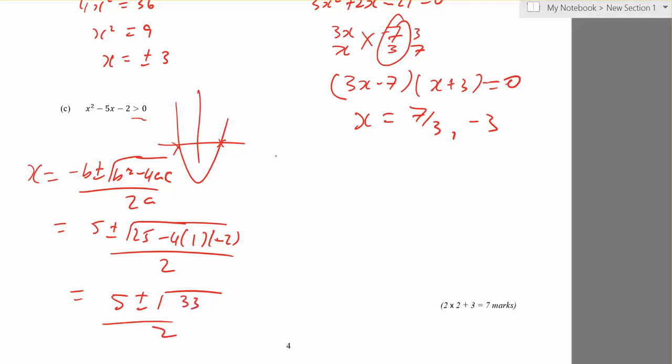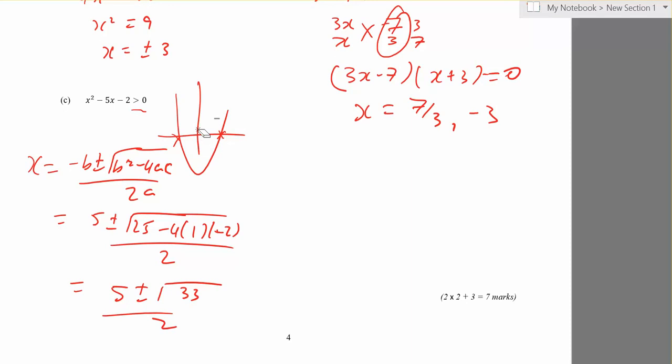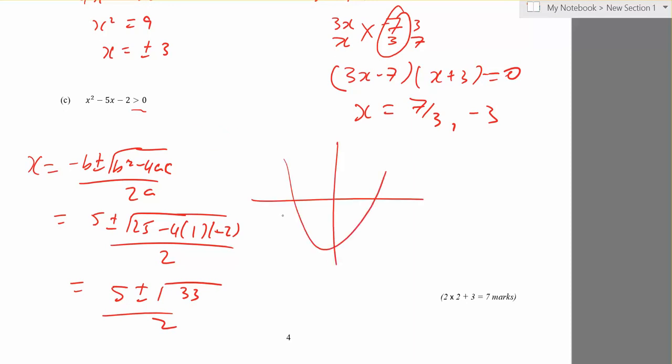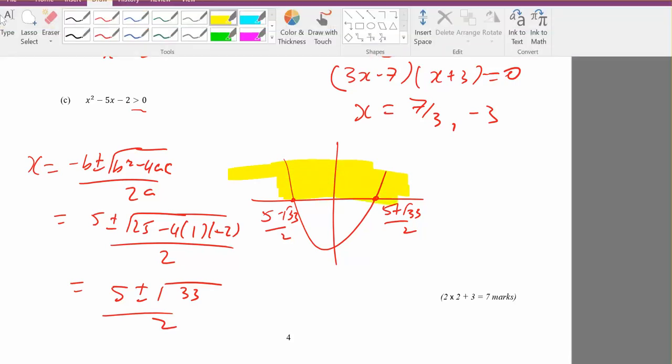Okay, so I got my two x-intercepts. So I'm just going to rub this out. I'll draw it over here. So we've got our two solutions. 5 minus root 33 over 2, 5 plus root 33 over 2. Where's the graph positive? Let's look. Well, the y is positive here. So that's what we want.